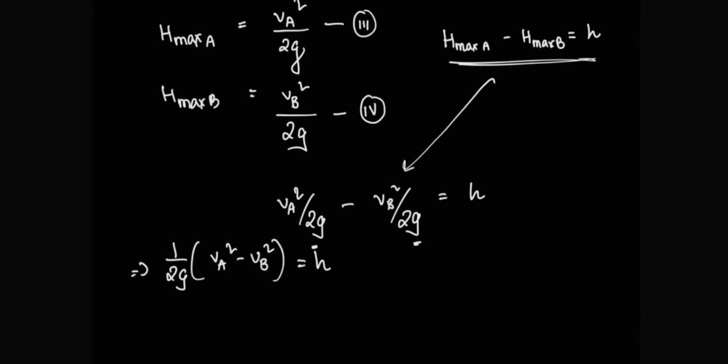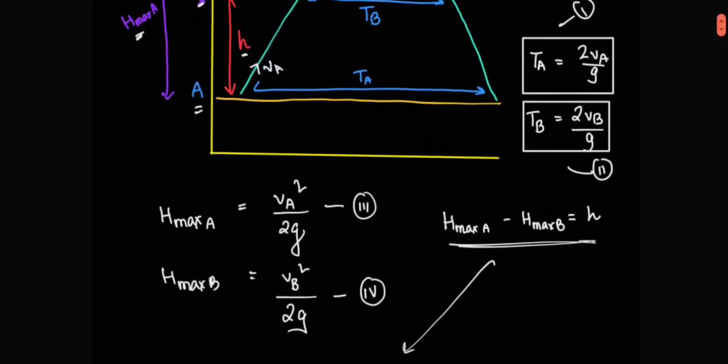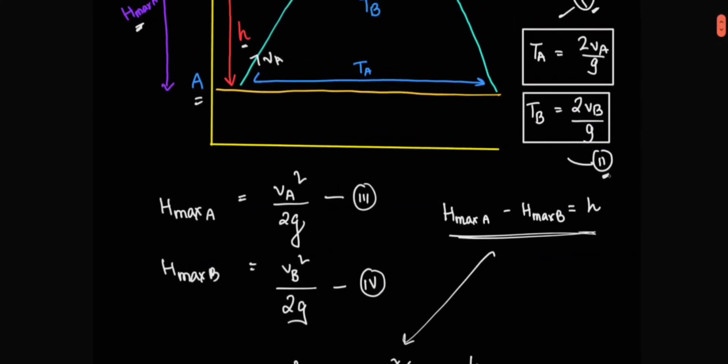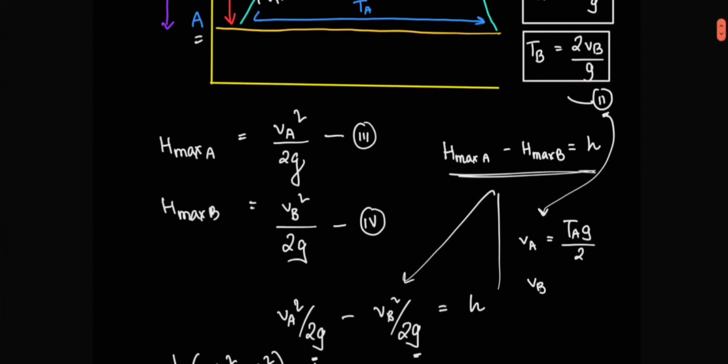Now what do we do with the VA squared and VB squared inside the brackets? Well, we go back to our equations 1 and 2. Equations 1 and 2 tell us that VA is basically TA times g over 2, and VB is basically TB times g over 2.